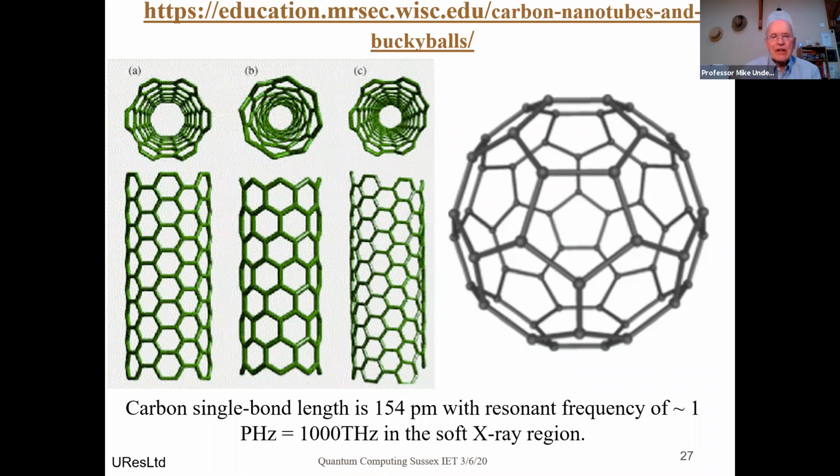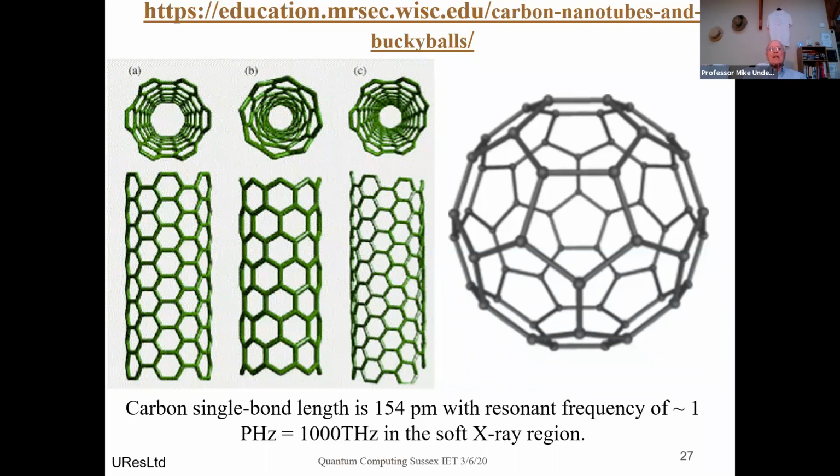There is another interesting point, which is that the single bond length of these carbon atoms all joined up, the bonds are shown, the atoms are not, is 154 picometers, and that has a resonant frequency of about 1,000 terahertz, if it's a half wavelength, in the soft X-ray region.